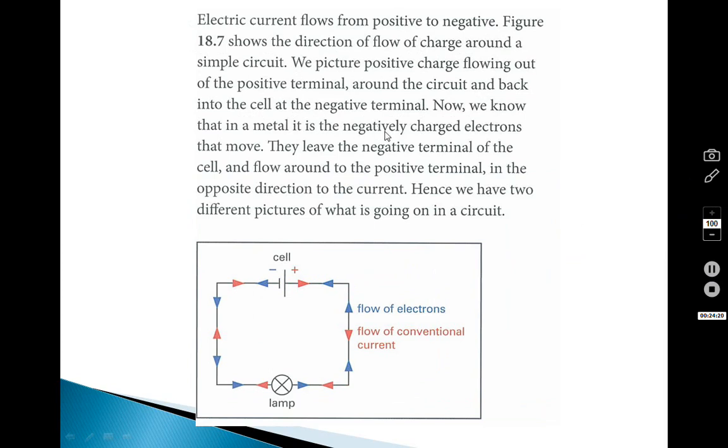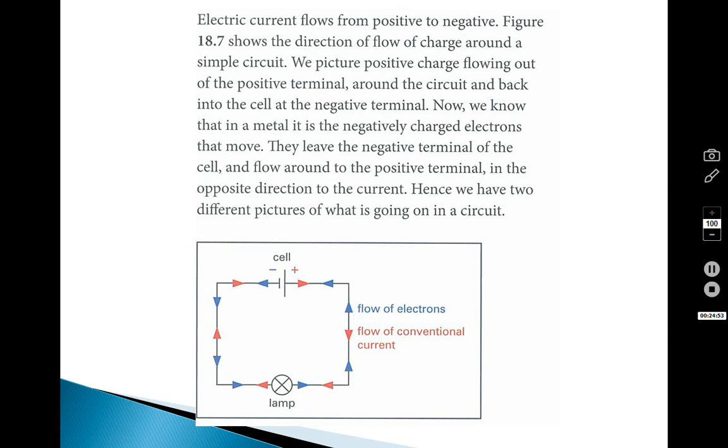Electrical current flows from positive to negative.